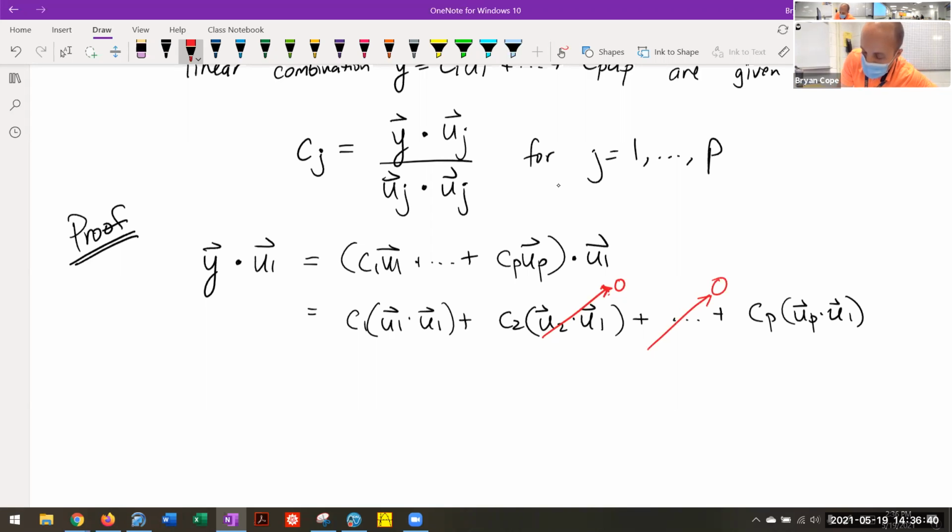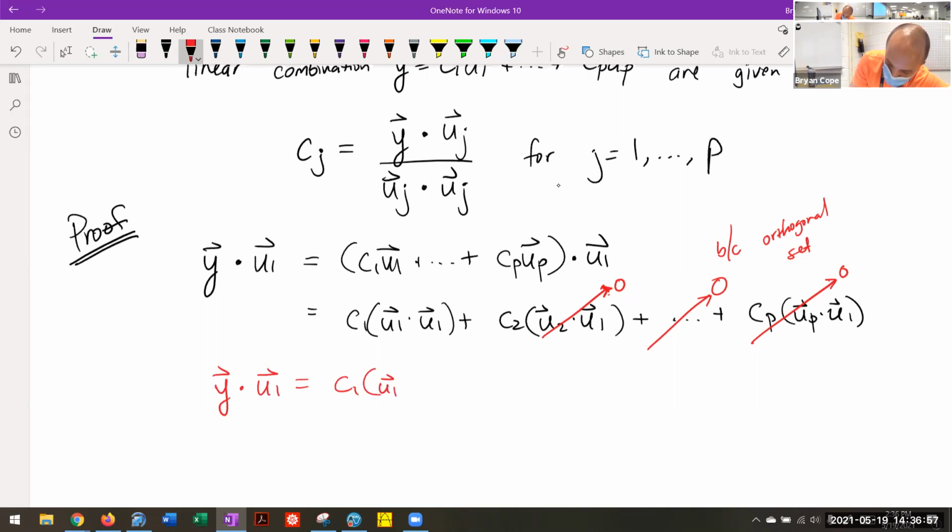Everything inside the ellipses goes to 0, because it's an orthogonal set. So look at what statement we have. Y dot U1 equals C1 times U1 dot U1. Oh, that looks ugly. That looks like it's like 5 variables and dot products and vectors and all that.